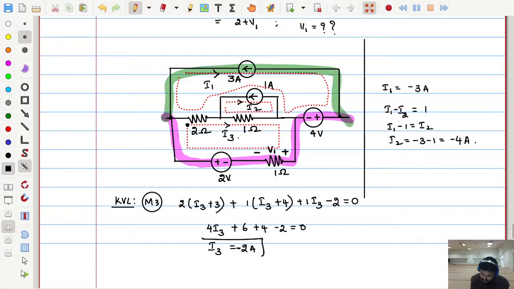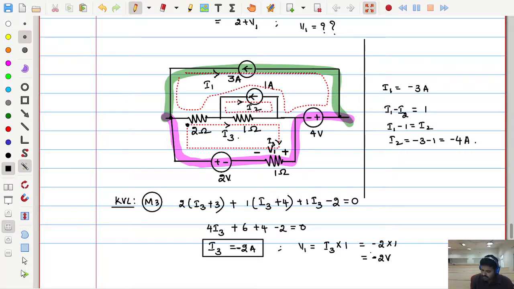Minus 2 amperes. Once I3 is known, can you tell me how much is V1? V1 is equal to I3 into 1, so minus 2 into 1 is minus 2 volts.